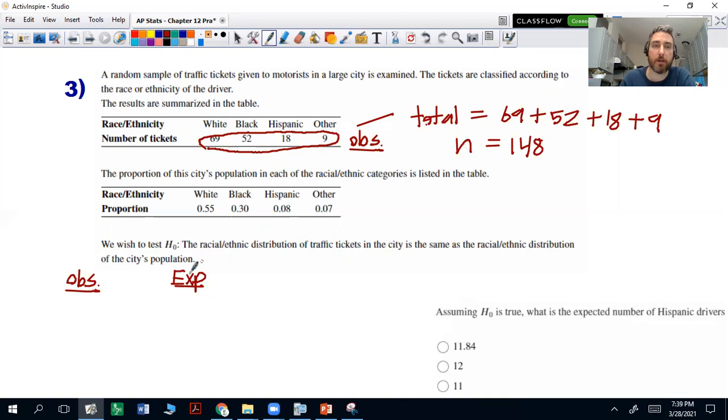So now we're going to take all of our proportions and multiply them by 148. Your expected counts will be this times 148.